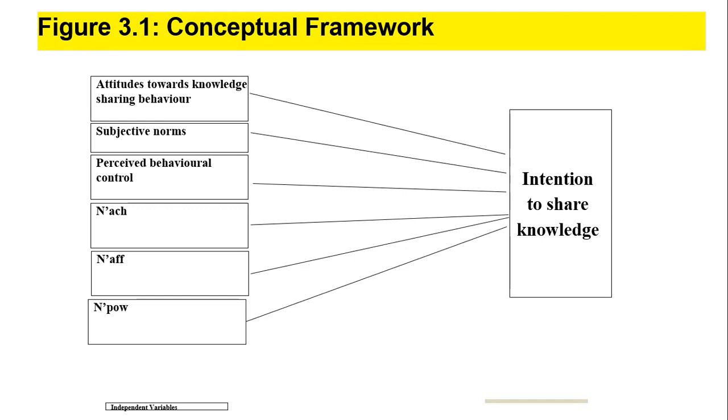Here there is a set of independent variables, there are 6, and the dependent variable is intention to share knowledge. That's the dependent variable, that's in your research question, right? Intention to share knowledge. On the other side, there are 6 independent variables.